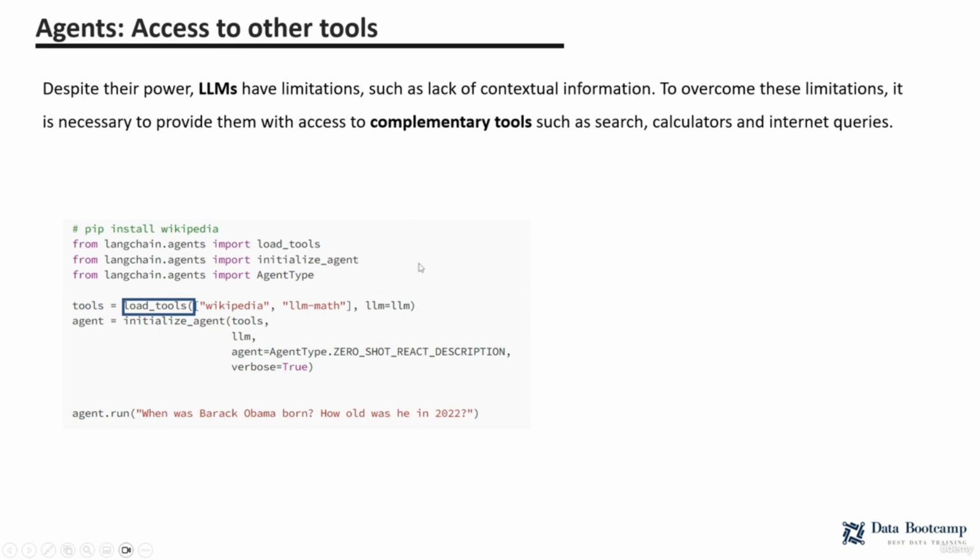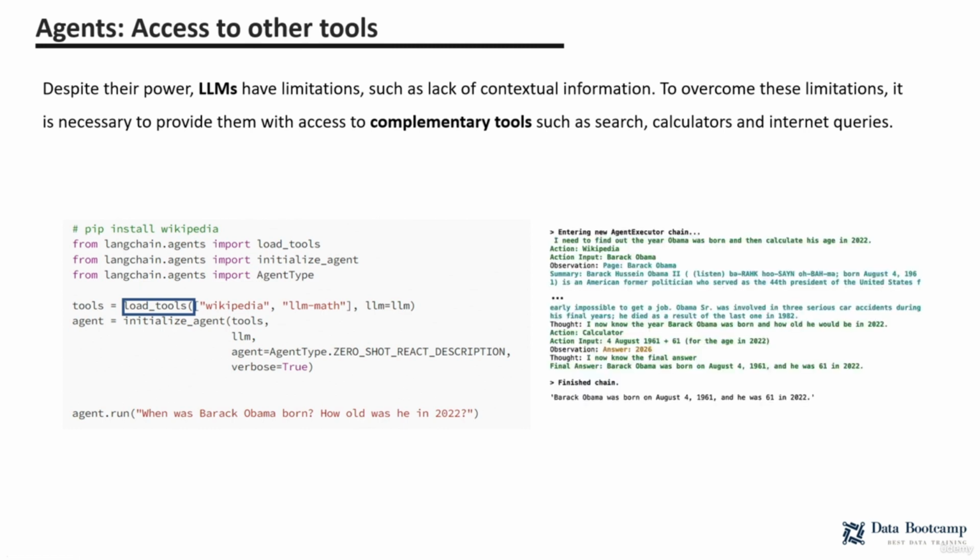We use the load tools function to load the Wikipedia and calculation agents. We initialize the agent with initializeAgent, passing in the tools and the language model we want to use. Once the agent is defined, we simply use the agent run function to execute the tools, allowing ChatGPT to access Wikipedia and perform mathematical calculations.